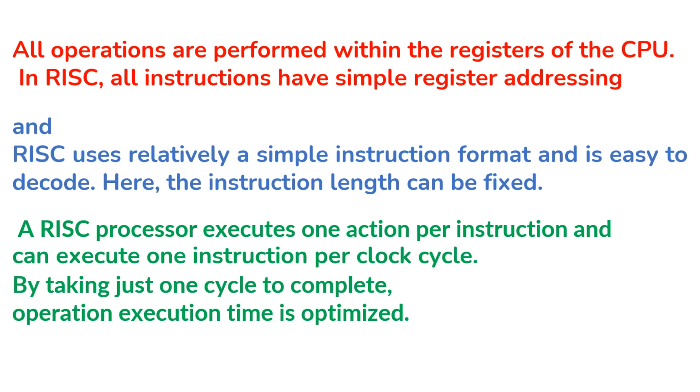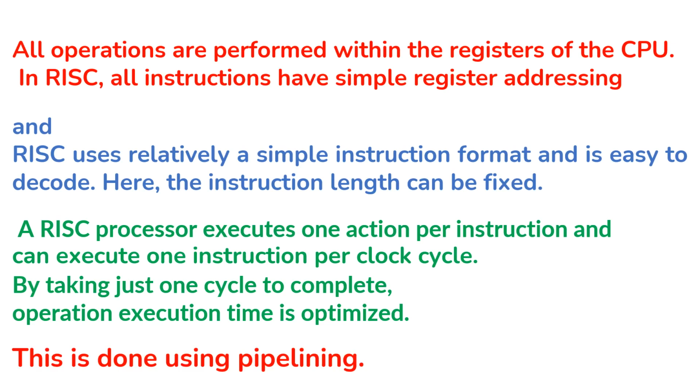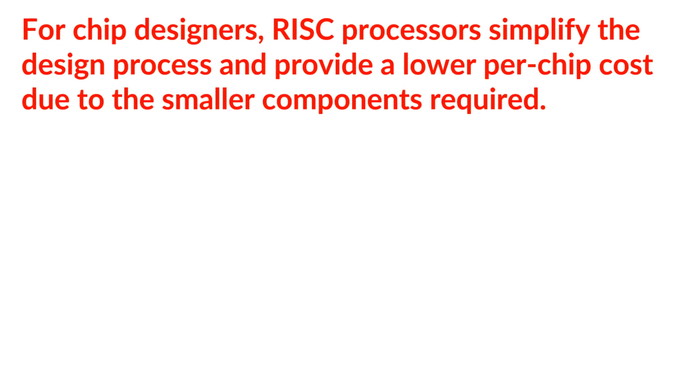By doing this, it optimizes the execution time for the operation. And this is done using pipelining. If you want to know more about pipelining, then we have already uploaded a video on pipelining, and please do watch that video for clearing this concept.